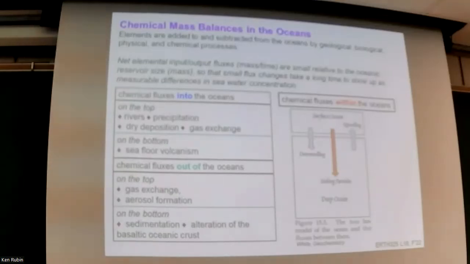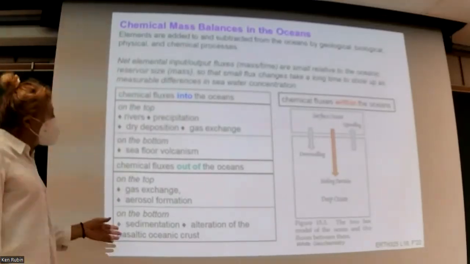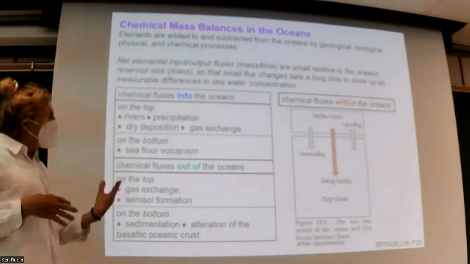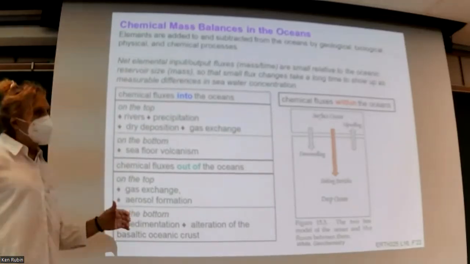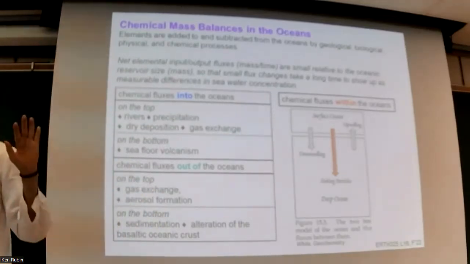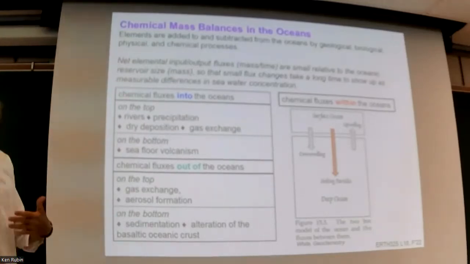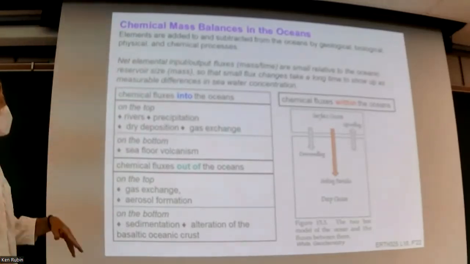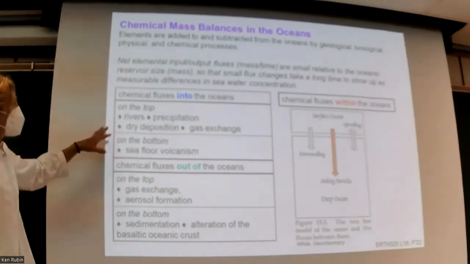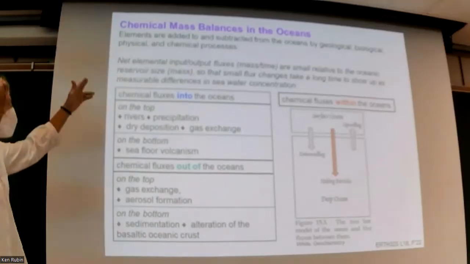Okay. Now we've talked about a lot of these phenomena already, but I just want to remind you of, for instance, if we want to do some kind of model that tells us how the ocean compositions develop and how they evolve over time, we need to look at the fluxes in and out. The fluxes in include stuff that comes in at the top of the ocean, right?